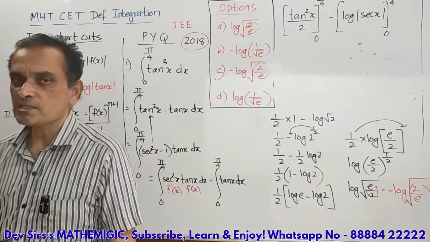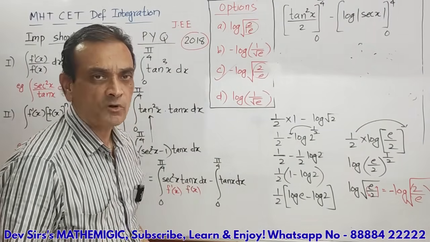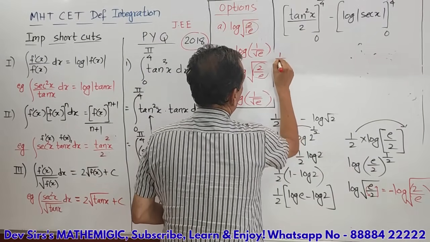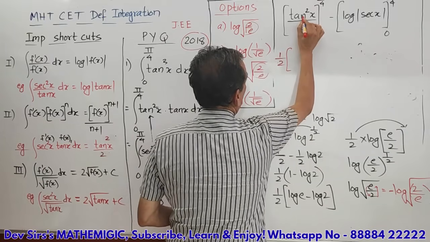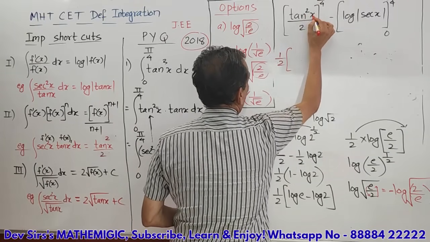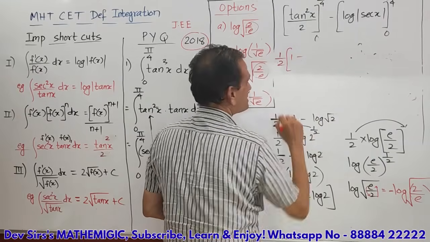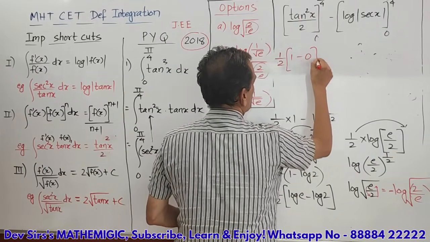CET में, now this has, after this step there are no shortcuts, you have to work it out fast. तो orally कैसे करोगे देखो, half constant bar, this you have to do orally, upper limit, tan squared pi by 4, tan pi by 4 is 1, minus lower limit, tan squared 0, 0.